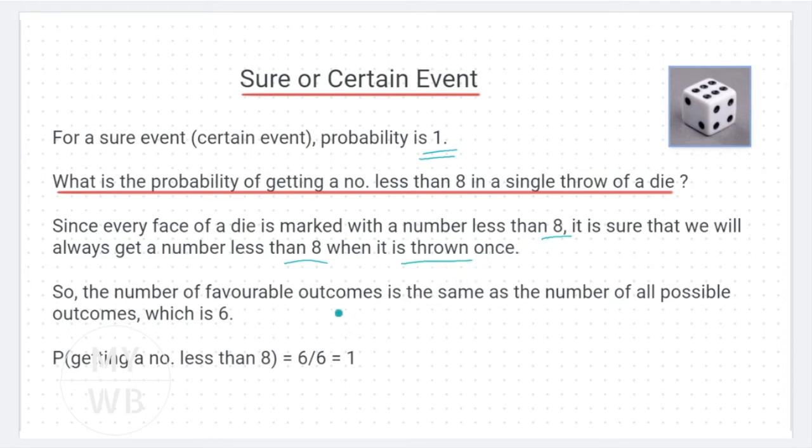So the number of favorable outcomes is the same as the number of all possible outcomes, which is 6. The probability of getting a number less than 8 is 6 by 6, which is 1. Every time you throw a die, you will get 1, 2, 3, 4, 5 or 6. All these numbers are less than 8. So the probability is 1.